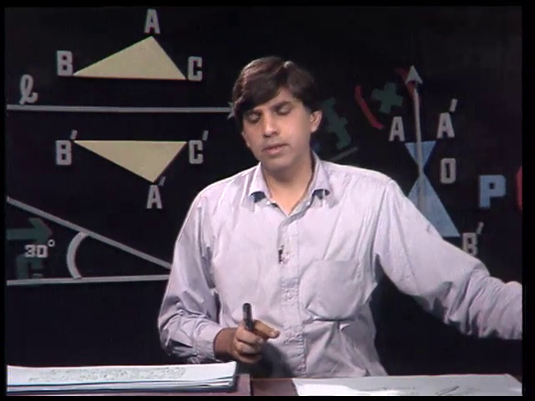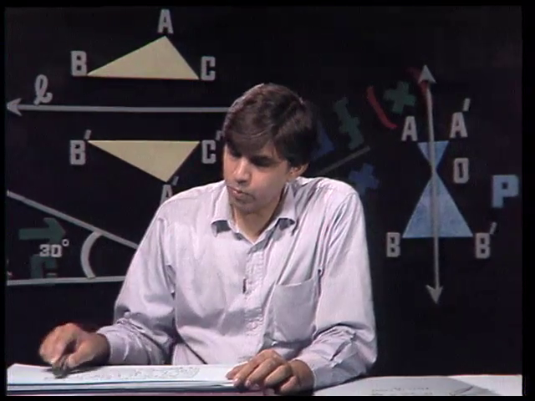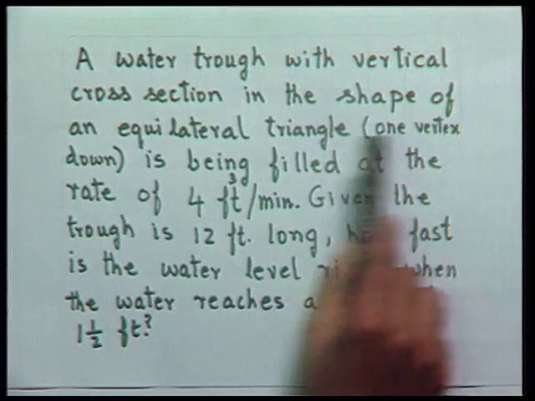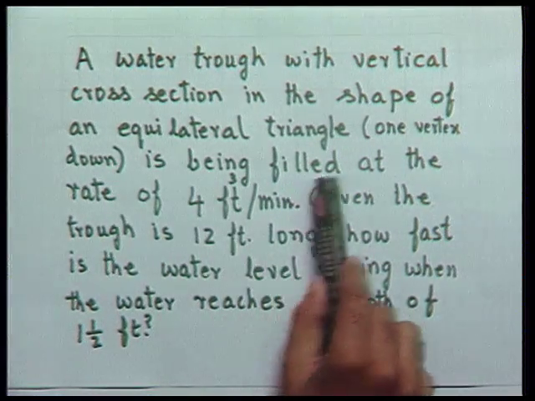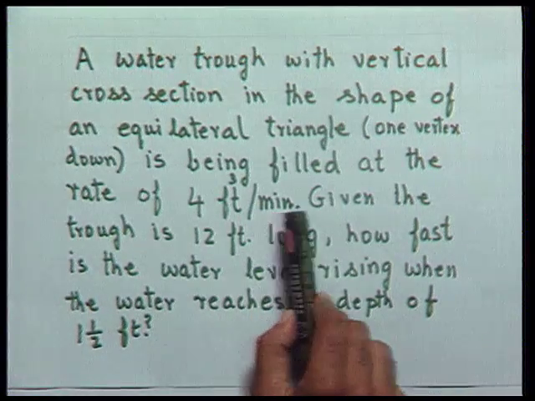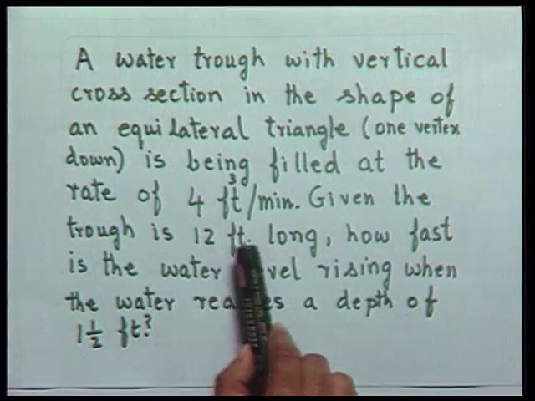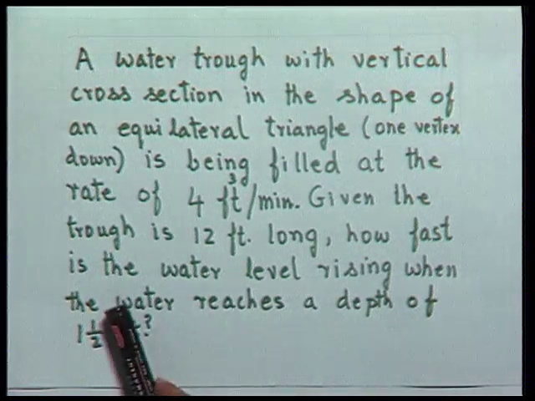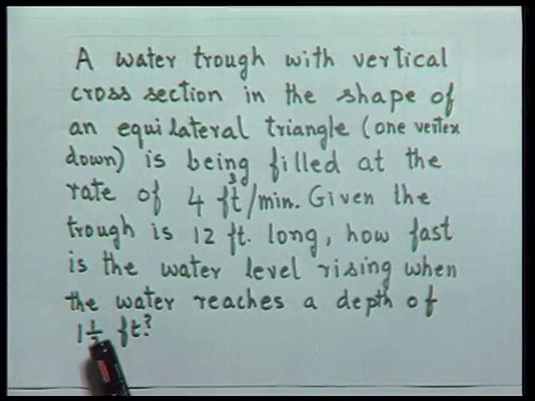Okay. Let us read the problem again. A water trough with vertical cross section in the shape of an equilateral triangle with one vertex down is being filled at the rate of 4 feet cube per minute. Given the trough is 12 feet long, how fast is the water level rising when the water reaches a depth of 1.5 feet?